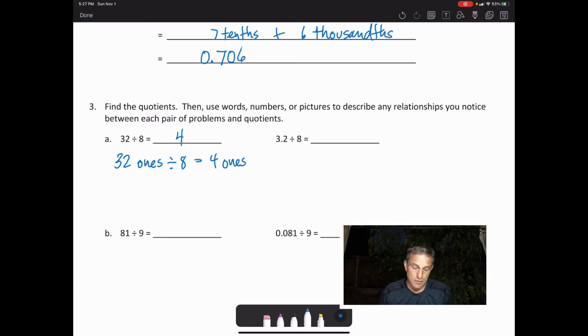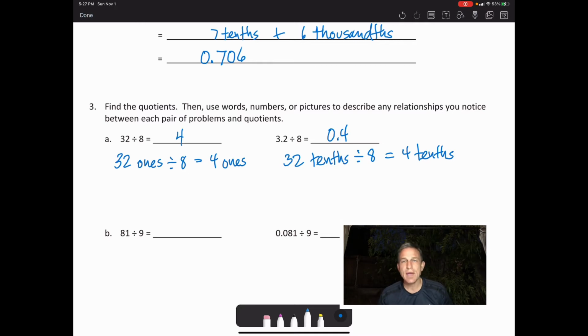Okay, and the second one on A, instead of ones, it's 32 tenths divided by 8 is 4 tenths. So in standard form, that would just be written as 0.4.